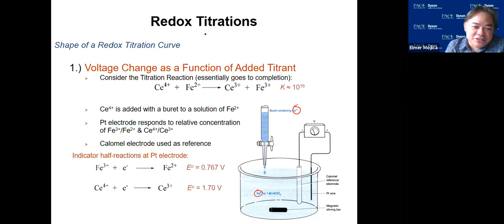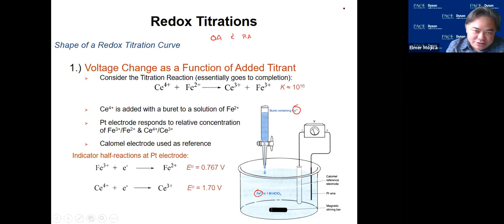Now my question is, which is the oxidizing agent and which is the reducing agent? Anyone? Because it's a redox reaction, that means there's an oxidizing agent and a reducing agent.